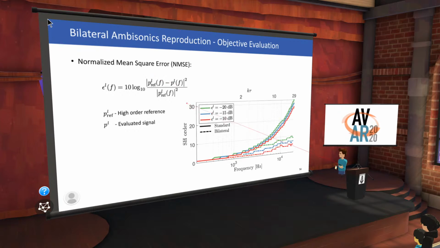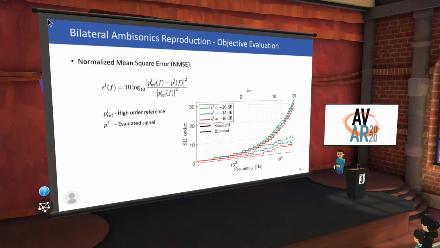What we see here is the required order to get a certain normalized mean square error of minus 20 dB in green, minus 15 dB in blue, and minus 10 dB in red, as a function of frequency. The solid lines represent the standard reproduction, and the dashed lines represent the bilateral reproduction. So we clearly see how we need much lower orders with the bilateral reproduction, especially at high frequencies.